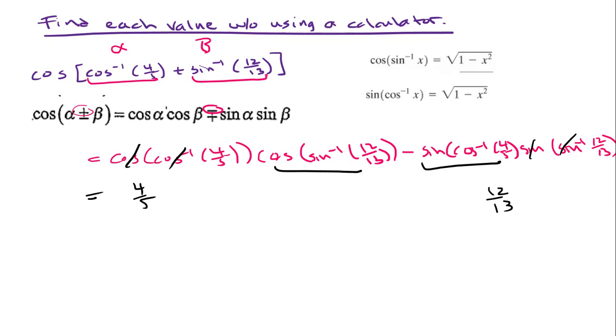Okay, in the formula sheet, it tells us that cosine of inverse sine of x is equal to the square root of 1 minus x squared.